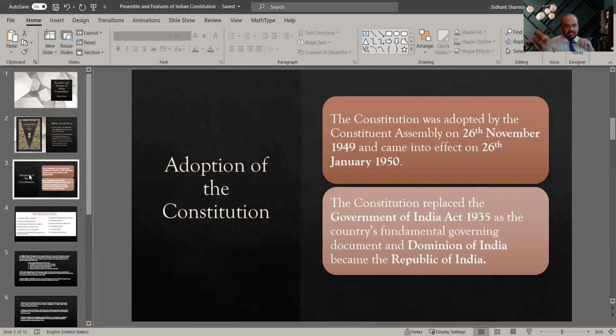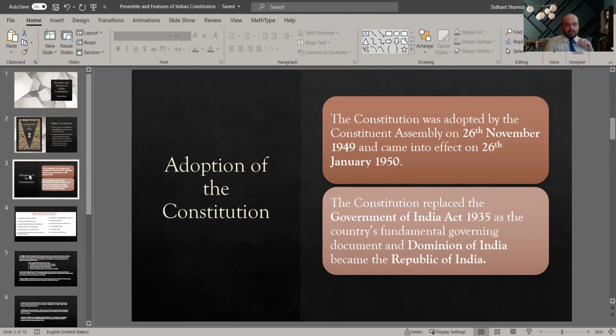These two dates are very crucial, and they are often asked in various exams. So you need to memorize these dates, and you need to know the difference between adoption and its effect. So just remember these dates.